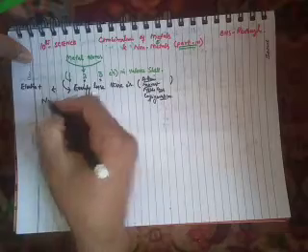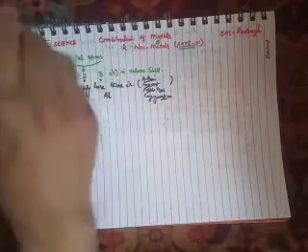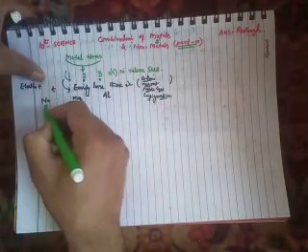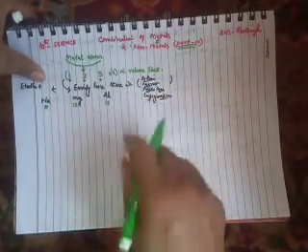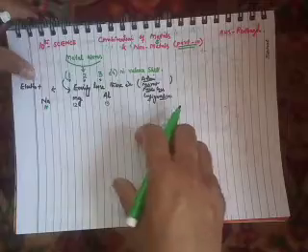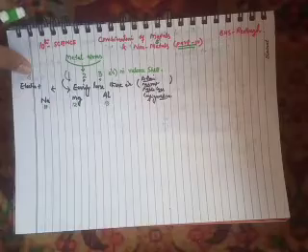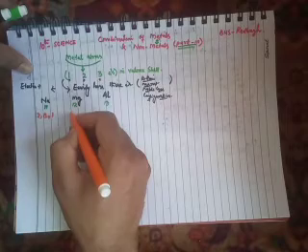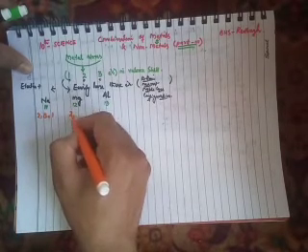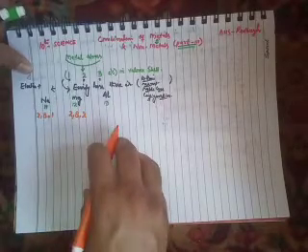So dear students, if we take the example of sodium, magnesium and aluminium: sodium has atomic number 11, magnesium 12, and 13 is the atomic number of aluminium. If we write the electronic configuration, for sodium it is 2, 8 and 1, and for magnesium, where we have 12 electrons, the first shell can accommodate a maximum of 2 electrons, the second 8, and the remaining 2 electrons are placed in the third energy level.